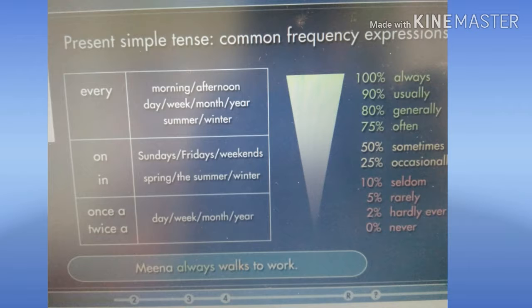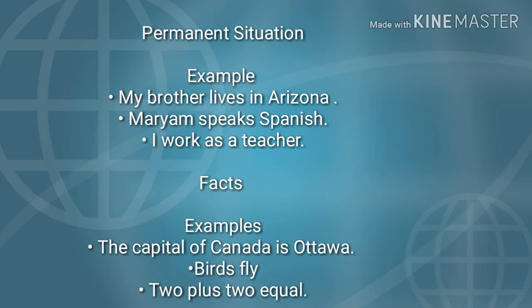Now come further: permanent situation. The second use of present simple is permanent situation. You can make sentences about a permanent situation. For example, my brother lives in Arizona. This is a permanent situation, that he lives in Arizona permanently.